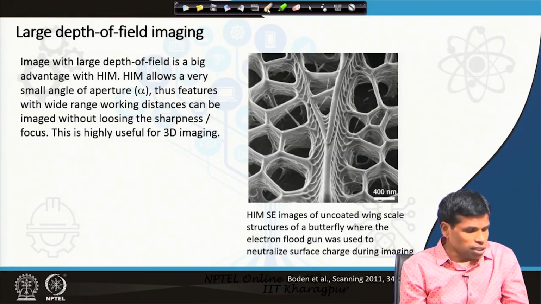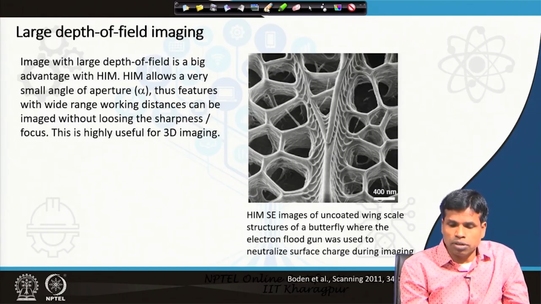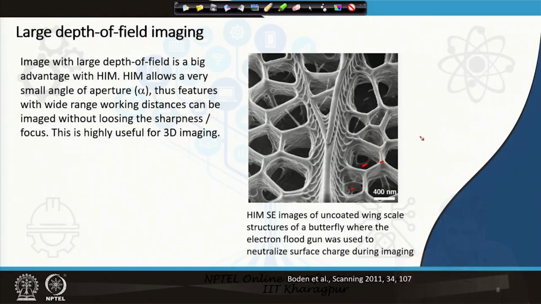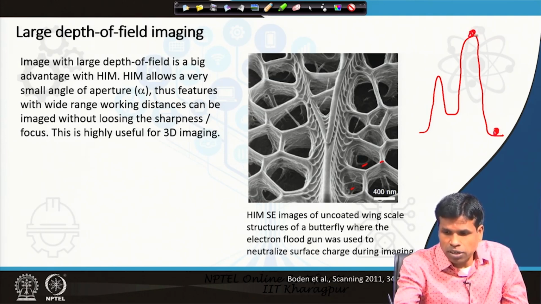As you see in this image, depth of field is nothing but the range of position of the object at which a focused image can be collected. As you see, the bottom part of this region is as well focused as the top part. So, for example, the sample has a feature something like that. We can take an image with both bottom part and top part well focused.